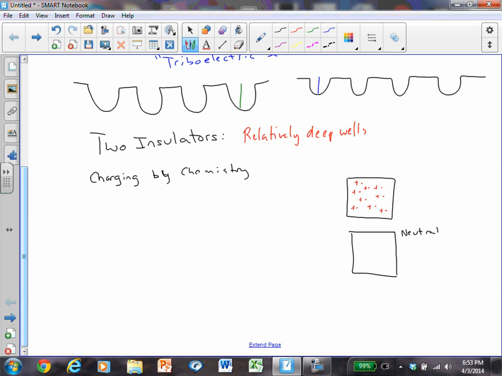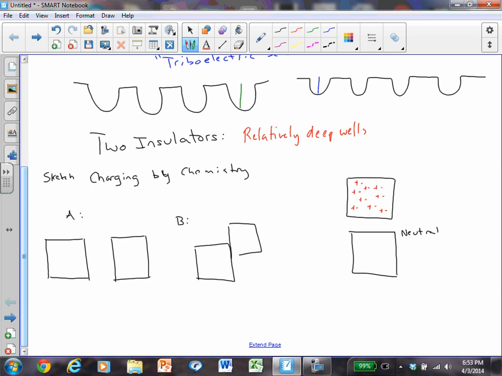So here's a sketch for charging by chemistry. In A, we have two blocks, like so, separated and both neutral, okay? In B, we're going to bring those blocks together, and we're going to move them up and down, back and forth, like so.